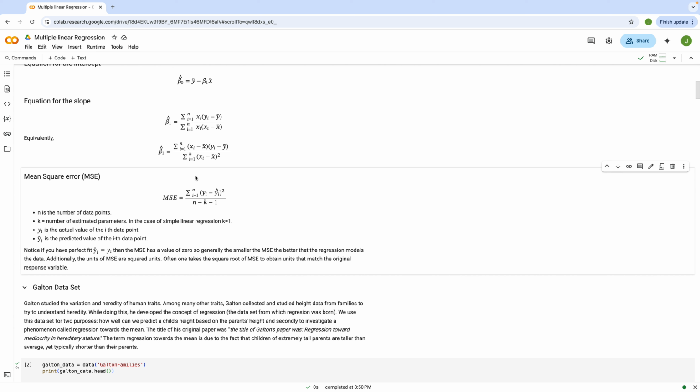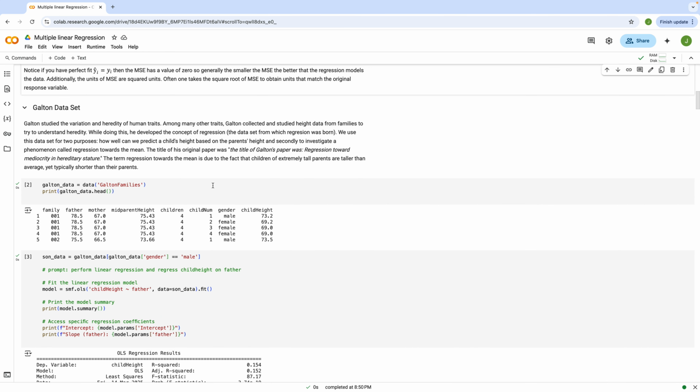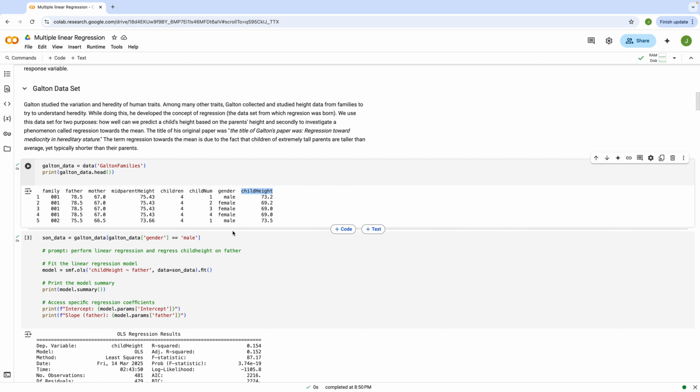And this mean square error actually estimates the variance, and it happens to unbiasedly estimate it. The data set that we were considering last time was the Galton data set, and we wrangled this data to only include sons. So we have the father's height, we have the child's height, and we restrict this data to be a subset of just sons or males.